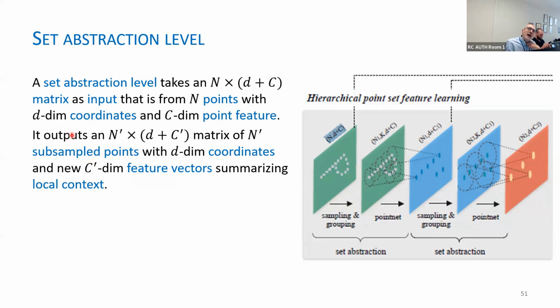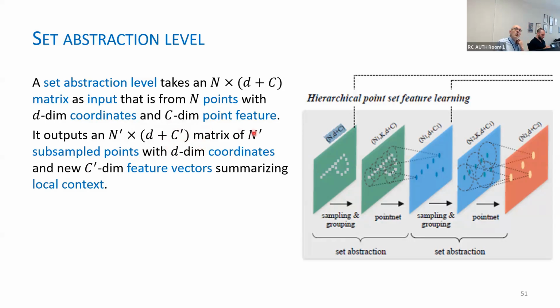And the output you see is in this case the matrix with dimensionality n prime multiplied by the original dimension, which is not changed, and the dimension of the feature vector, which is changed to this c prime.